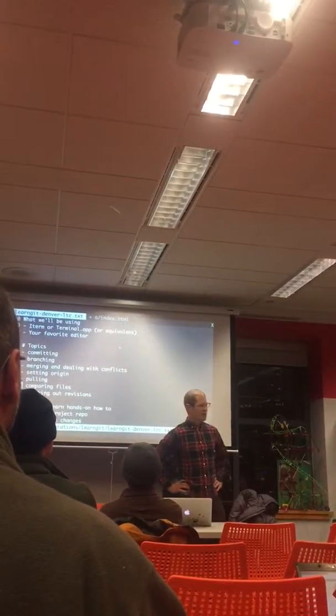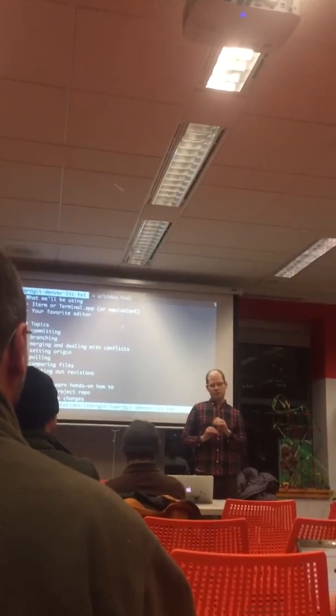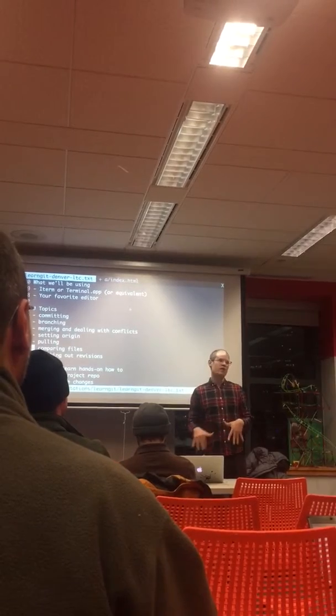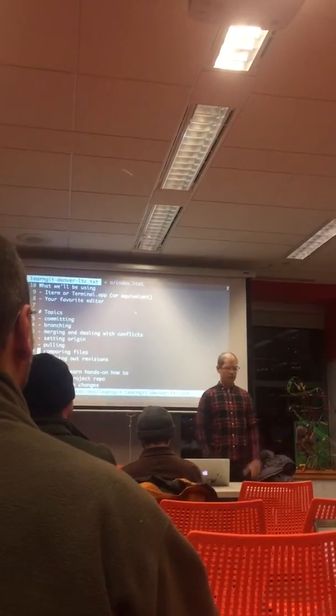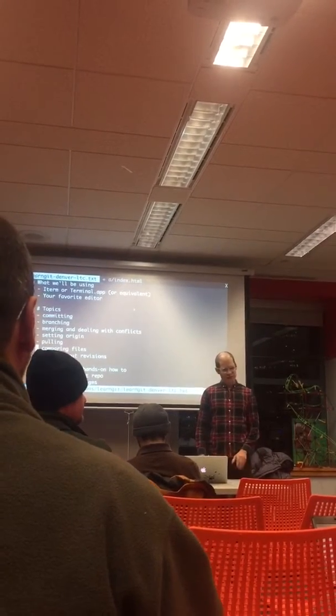So a lot of this is going to be a rehash for most everyone, but it's going to be the basics, to get up to speed, and kind of talk together about what it is to use Git in a group and go through it. You most likely have this set up.